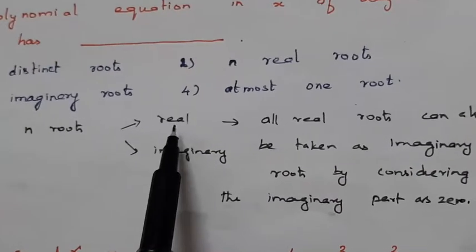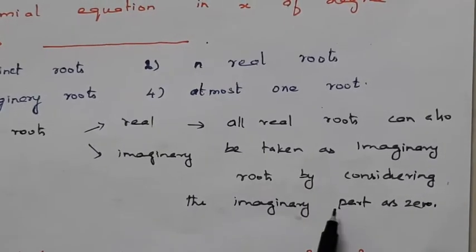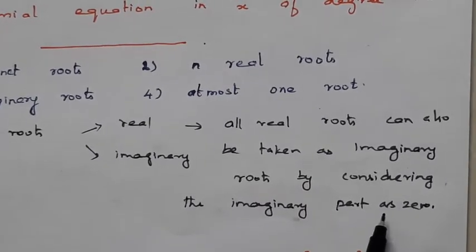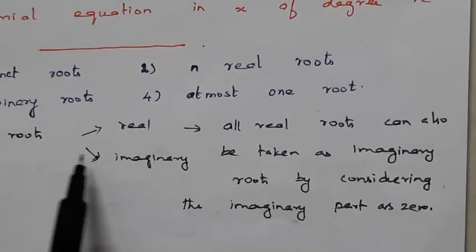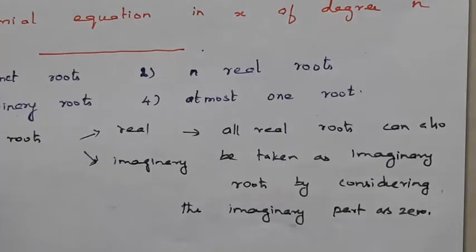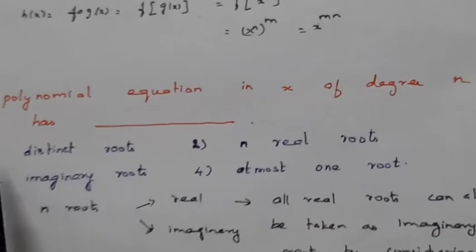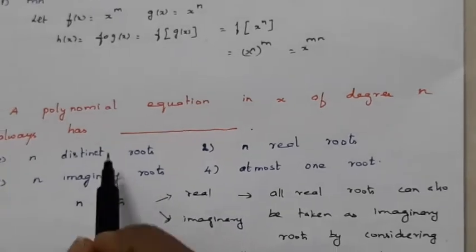So if you take all the real roots existing for a polynomial equation as imaginary roots by taking the imaginary part as 0, then the remaining imaginary roots together with these real roots can be said to be n imaginary roots. Okay, so a polynomial equation in x of degree n always has n imaginary roots.